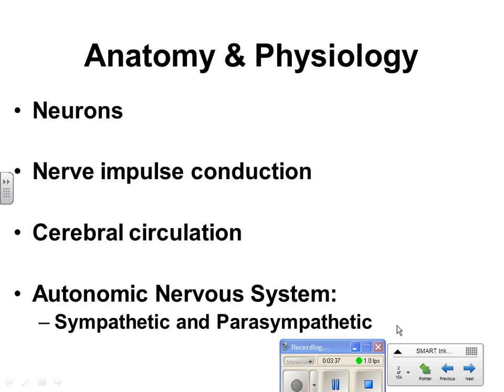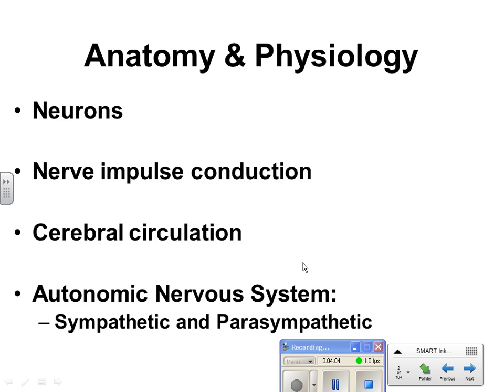You all thought I was going to say sympathetic, didn't you? Yeah. So sympathetic, fight or flight. Parasympathetic, rest and digest. So what happens when the sympathetic nervous system kicks in? Heart rate goes up. Blood pressure up. GI motility, respiratory rate, good.